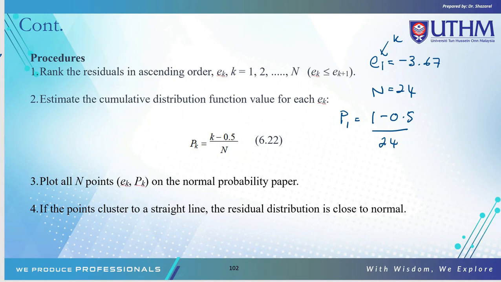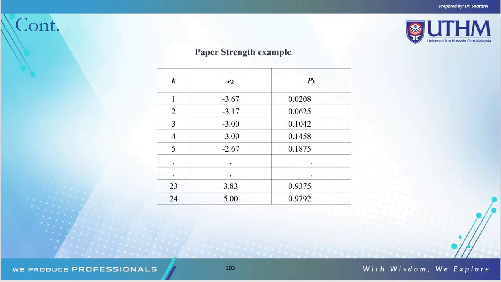Then you can try to calculate, and we put in a table the pairs of EK and PK. So for the first rank just now, which is negative 3.67, the respective PK is 0.0208.